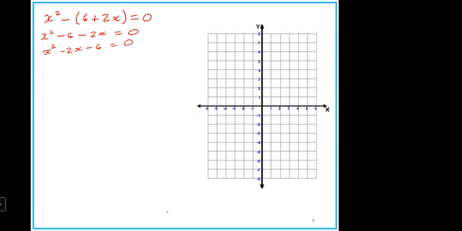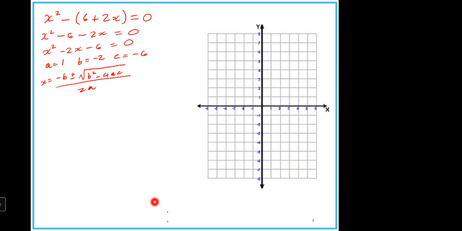So in this case, a equals 1, b equals -2, and c equals -6. Okay, so you're going to substitute that into the formula. x equals -b plus or minus the square root of b squared minus 4ac, all over 2a.